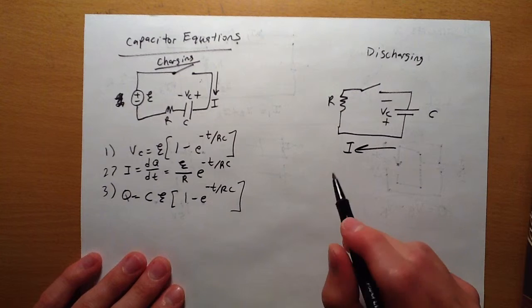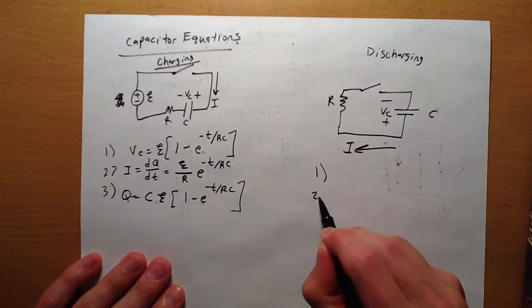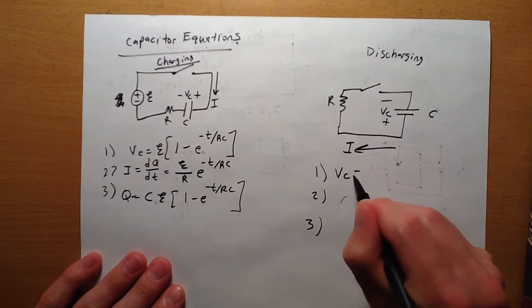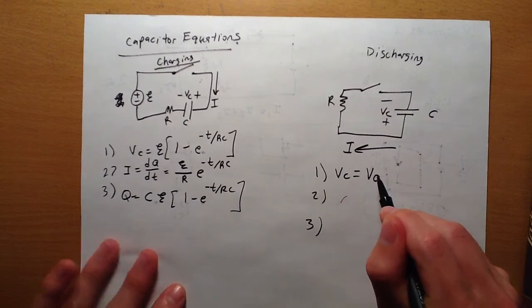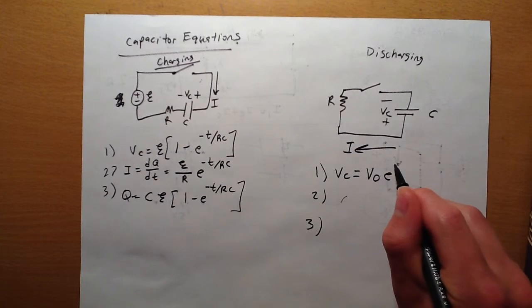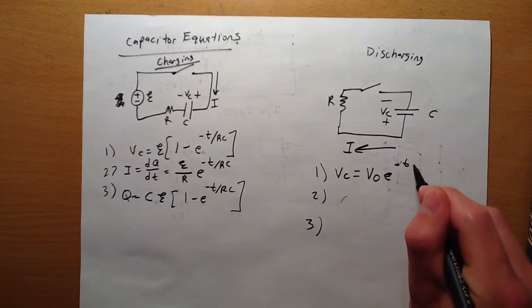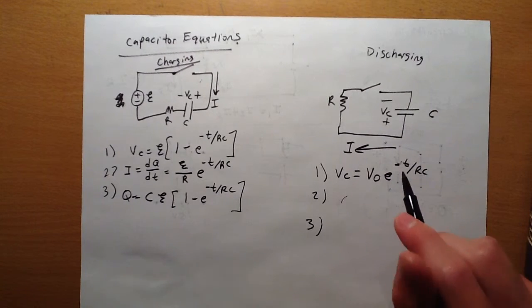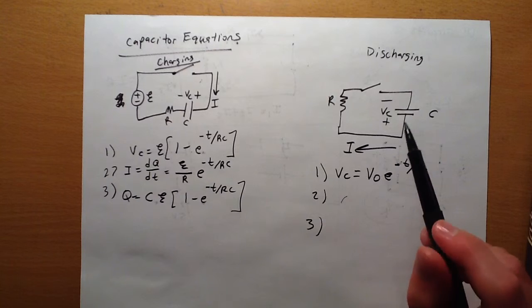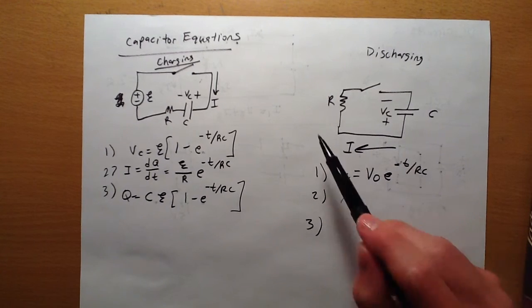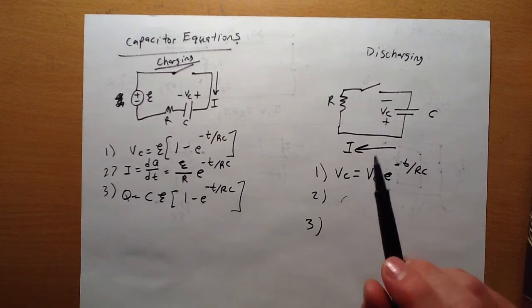Once again, we have three equations. First equation is the voltage of the capacitor equals the initial voltage of the capacitor at time equals 0 times e to the negative t over RC. This represents the change in voltage of the capacitor over time if we allow current to flow from the capacitor to the opposite end, discharging the capacitor.